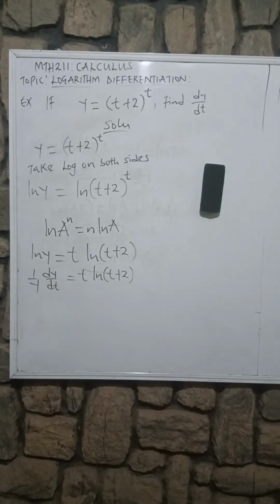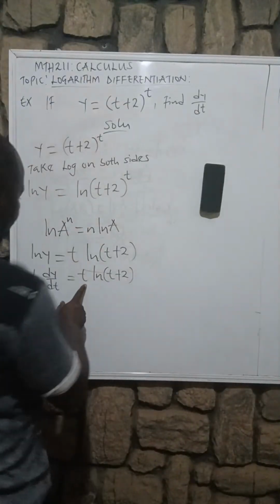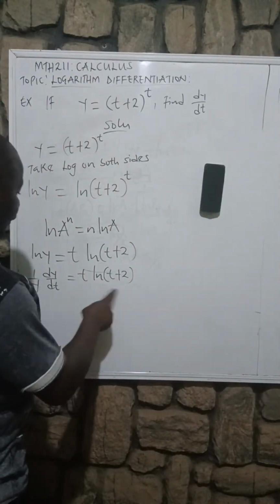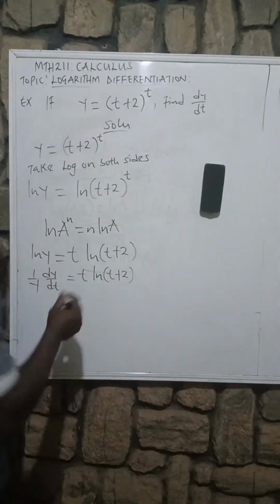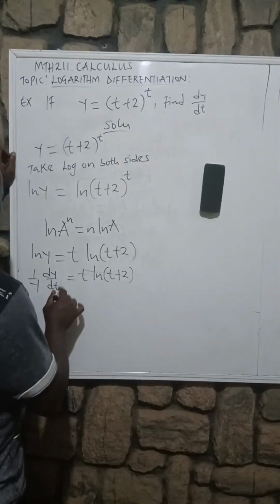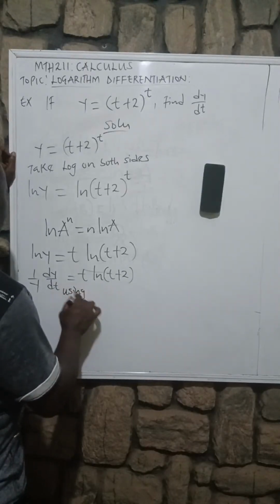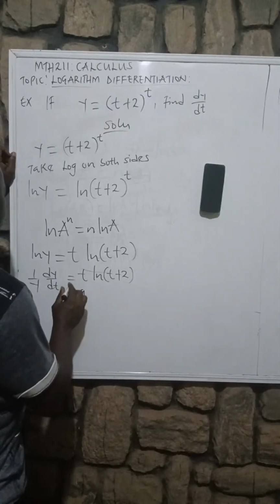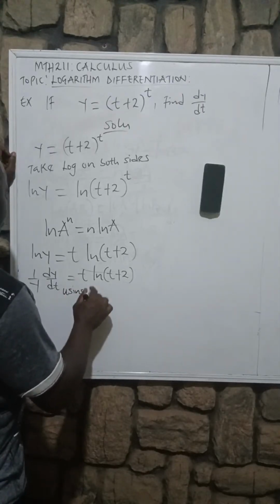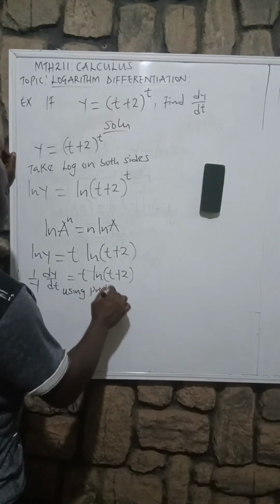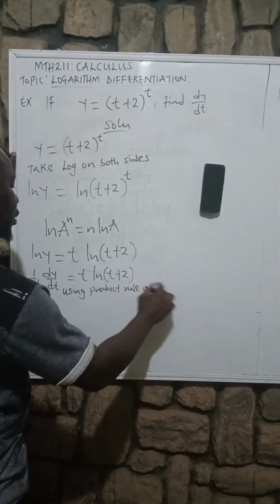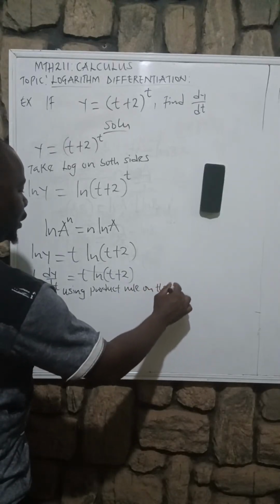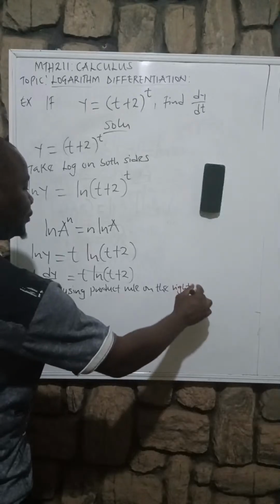Because we have two functions there. So to consider the right hand side, we use product rule, true or false? Using product rule on the right hand side, right?